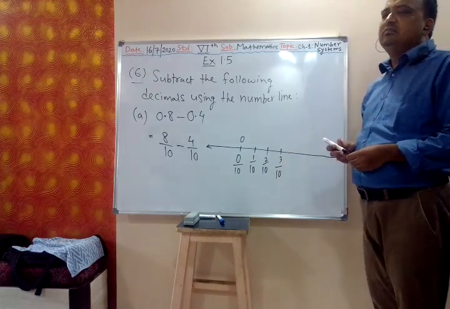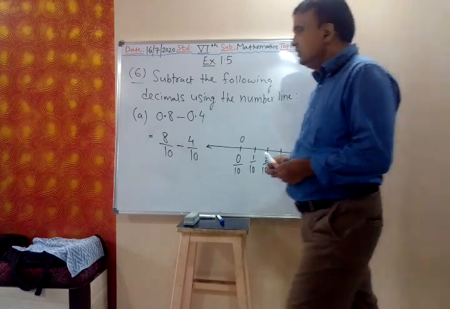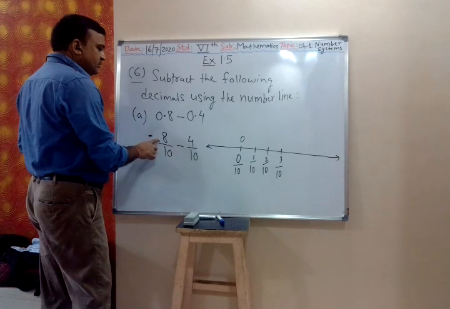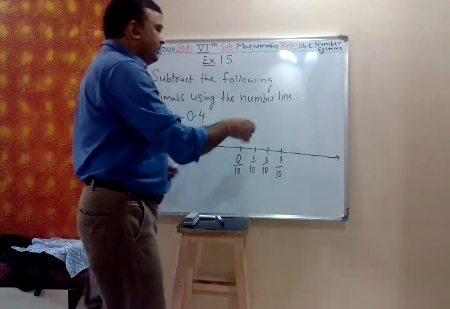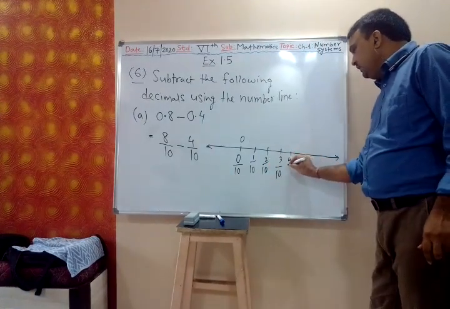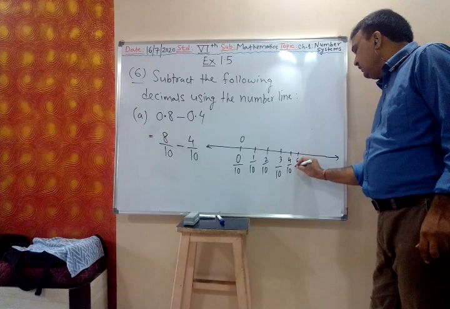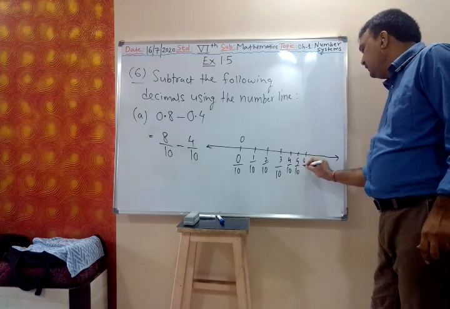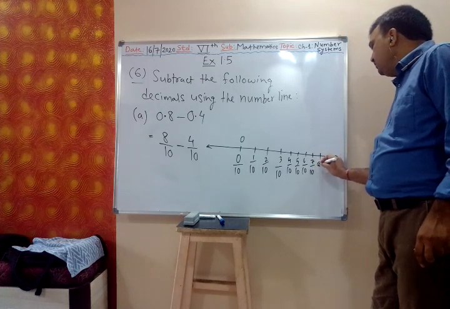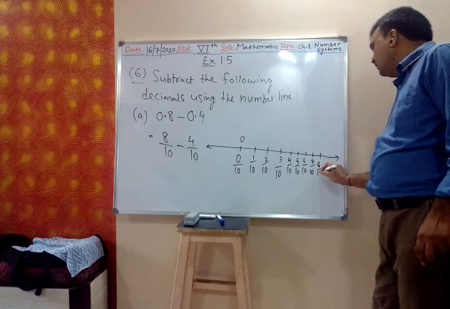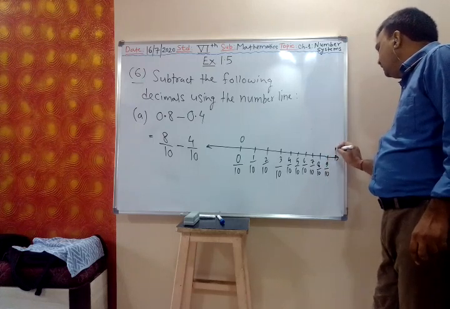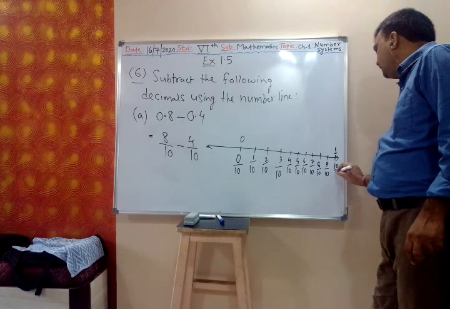It is plus 8 upon 10. So first I will divide the number line between 0 and 1. 3 upon 10, 4 upon 10, 5 upon 10, 6 upon 10, 7 upon 10, 8 upon 10, 9 upon 10, and the last is 1, which we write as 10 upon 10.